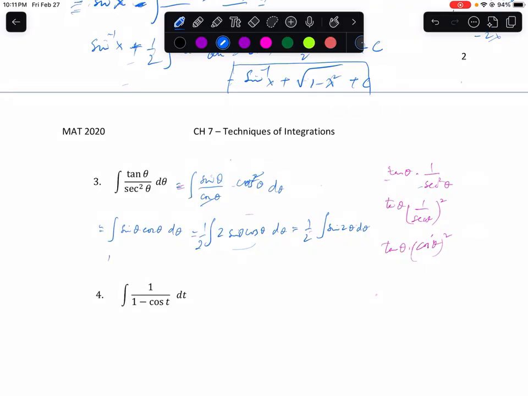So which is half times the integral, and the integral of sine 2 theta will be negative cosine 2 theta divided by 2. Why divided by 2? Because of the 2 with the theta. Plus c. So we get negative 1 over 4 cosine 2 theta plus c. That is your answer.